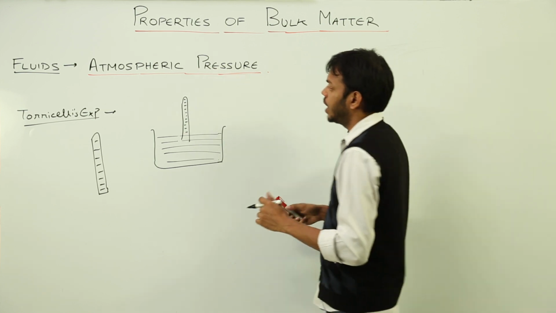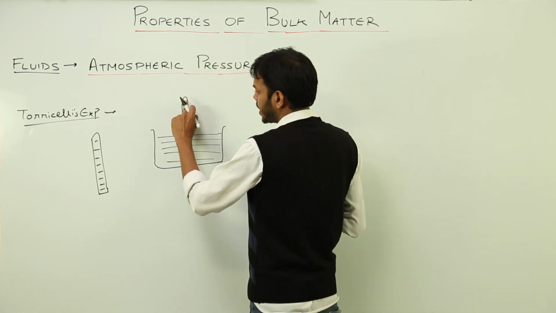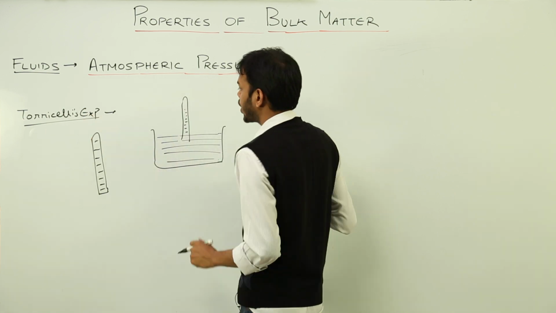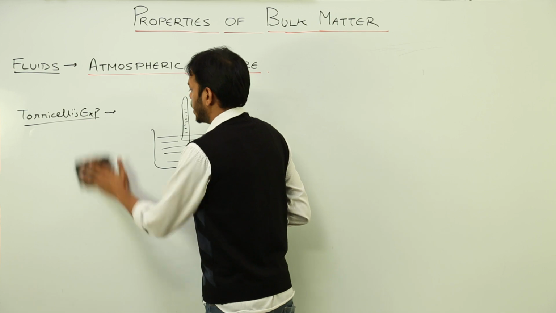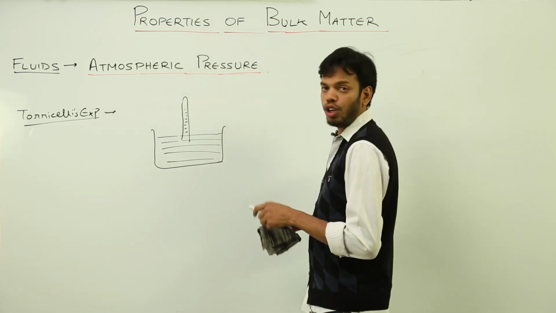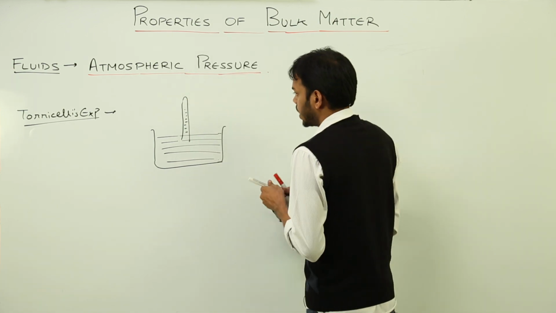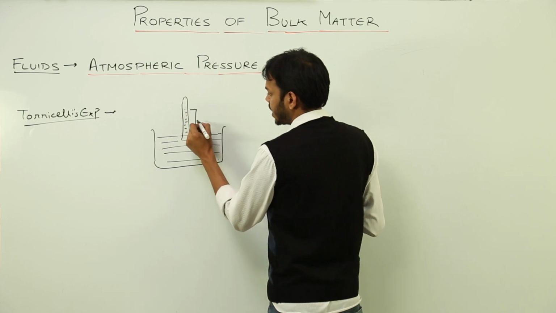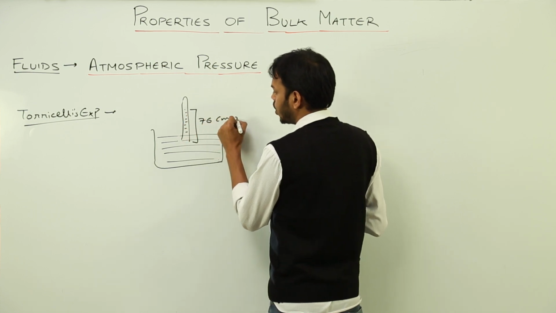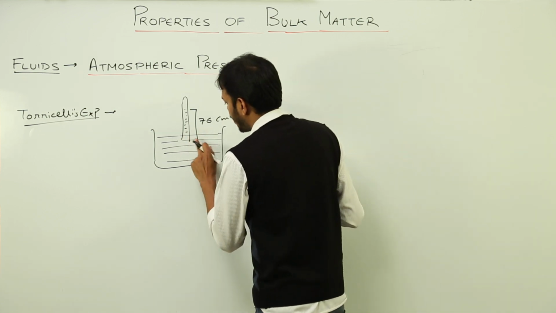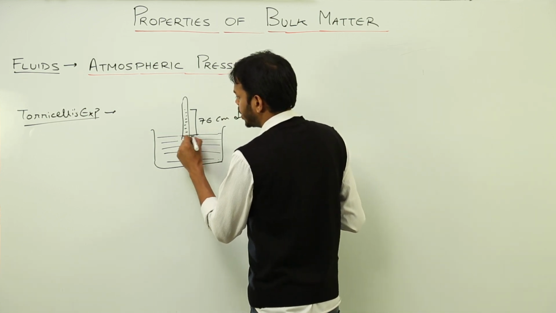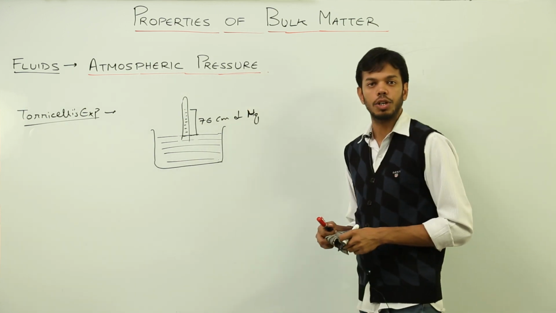This vacuum is called Torricellian vacuum, and the important fact is that the mercury column held was 76 centimeter of mercury, from this point to that point.